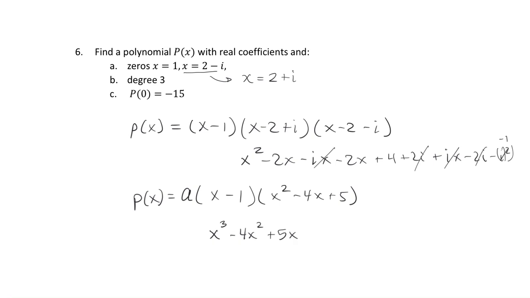Now distribute the negative 1. It's going to be negative x squared plus 4x minus 5 when we combine like terms. So this is the expansion of multiplying these two together, but we still have that coefficient of a.